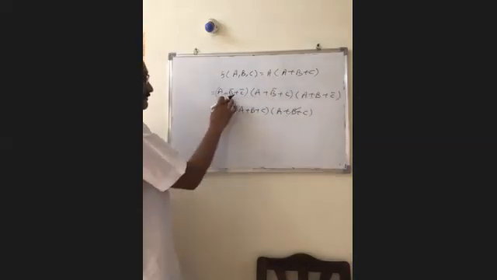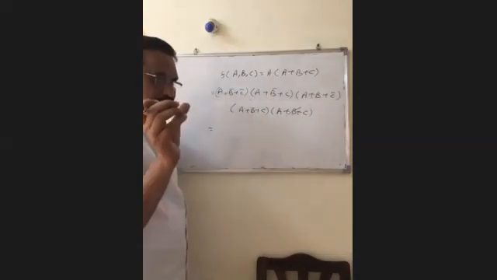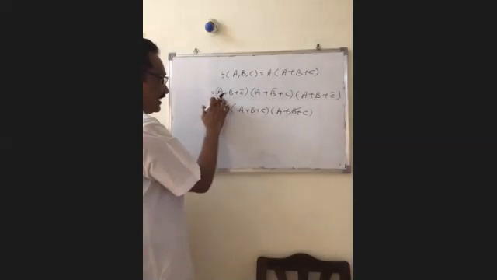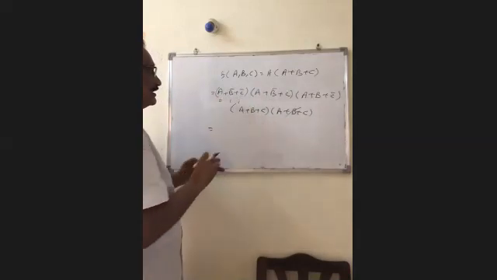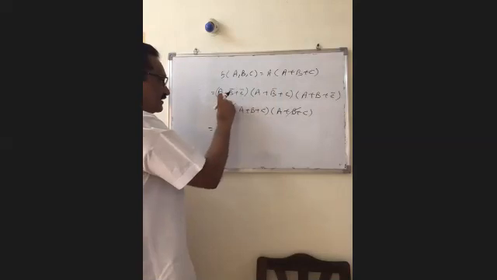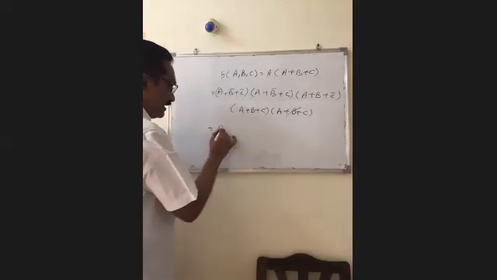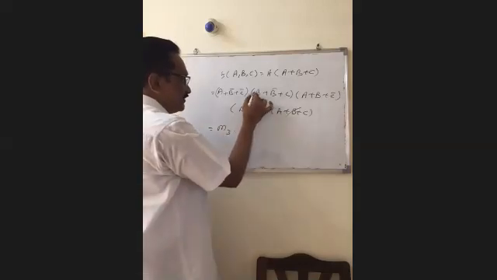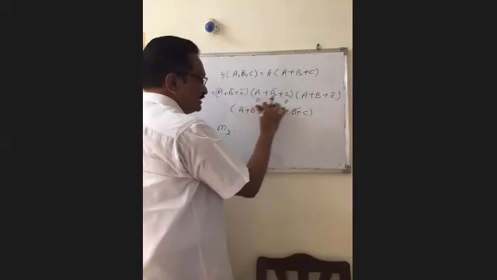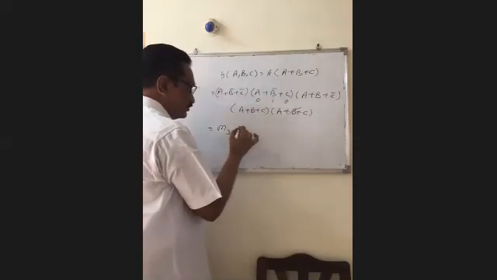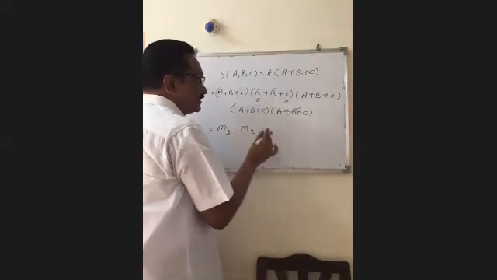So A plus B bar plus C bar: in the case of Max terms, if it is A, write 0. That means 0, 1, 1, which is 3. So write capital M3 into. If it is A, write 0, 1, 0, decimal equal to 2. So write M2.